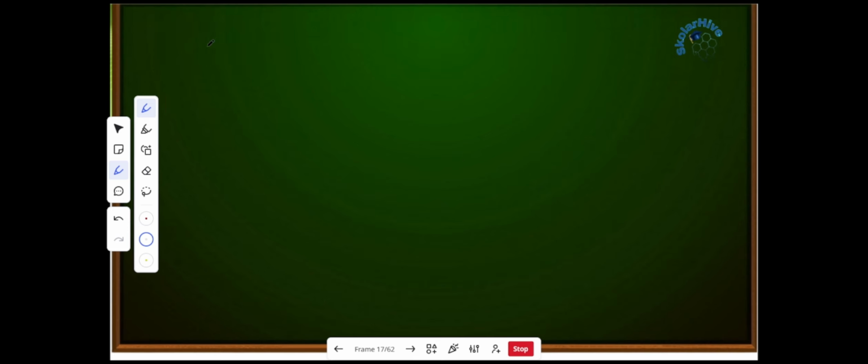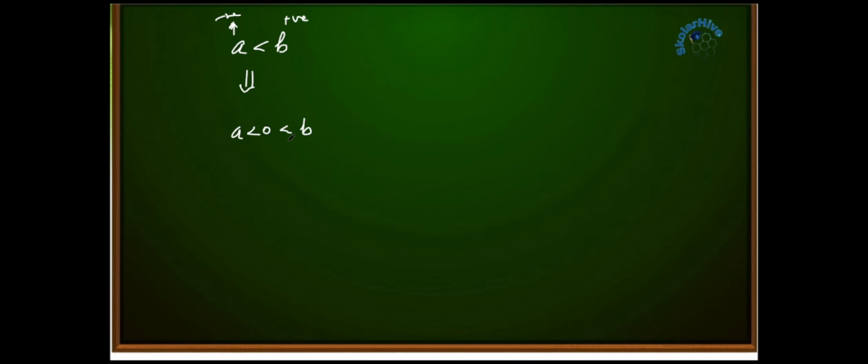So let's see, if A and B both have opposite signs, it means B is bigger, and obviously opposite signs means B should be positive, then A must be negative. I mean here A negative and B positive. So if we take the reciprocal of these numbers, then whether the sign will interchange or stay the same, let me just check.